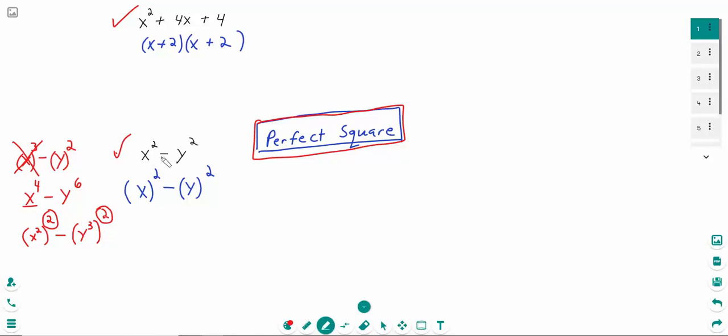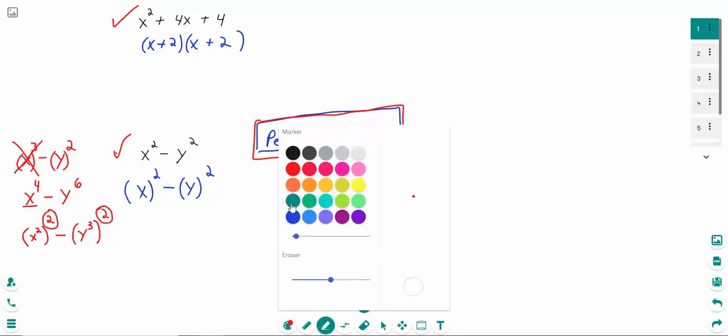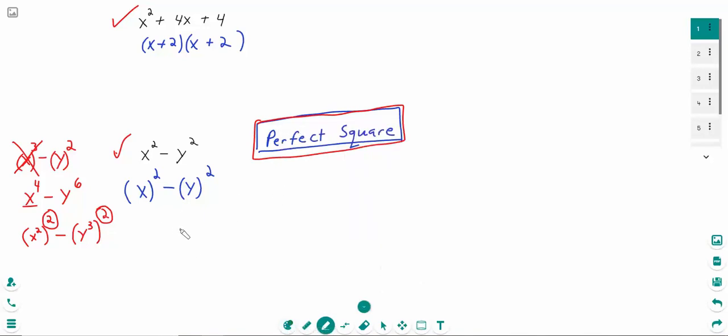And if it's a perfect square, I'm going to now show you how to factor it. Okay. So a perfect square, we'll change color here. To factor a perfect square, like the trinomial, we are going to have a set of parentheses. All right, so we're still going to be factoring this into two binomials.